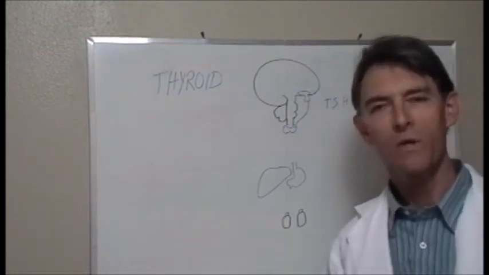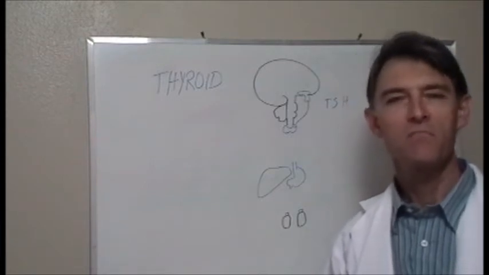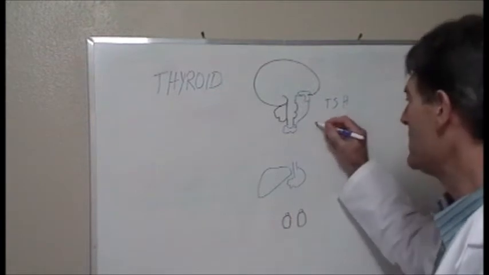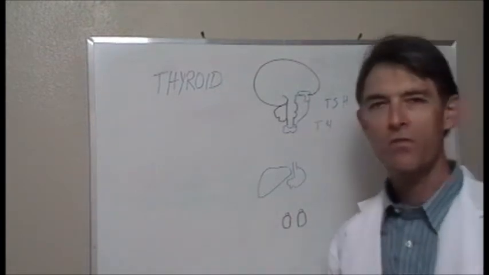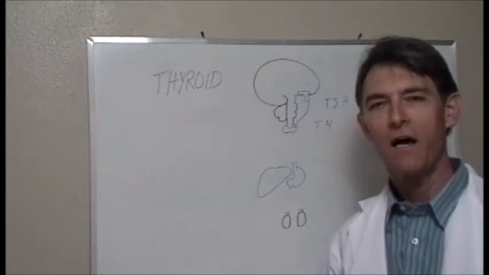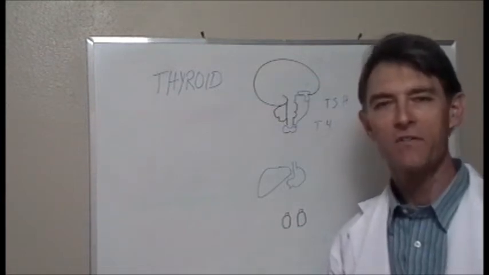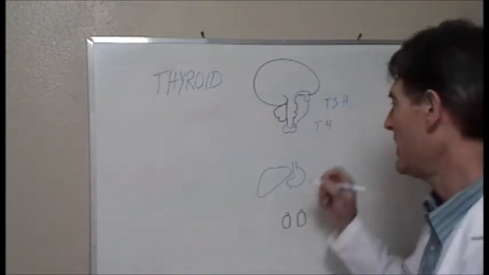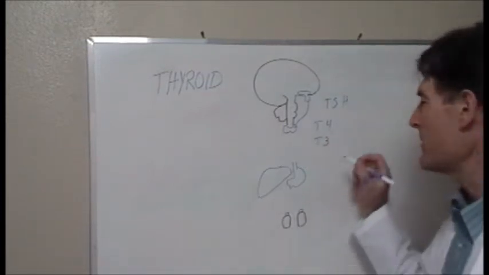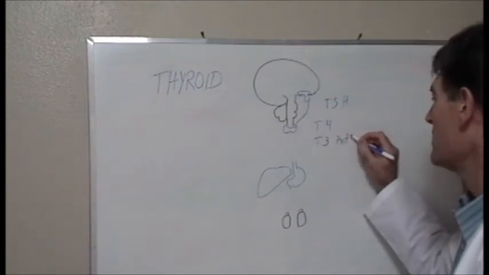What we know is 93% of thyroid output is T4, thyroxin 4. The other hormone of less degree, about 7%, is T3. T3 is the active hormone.